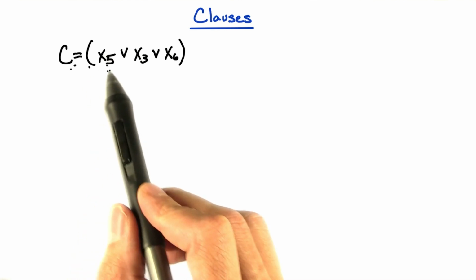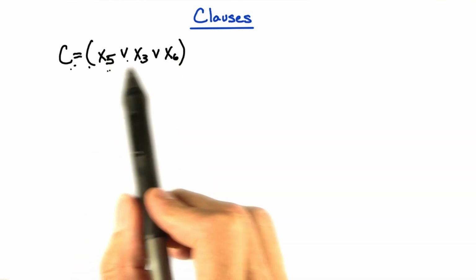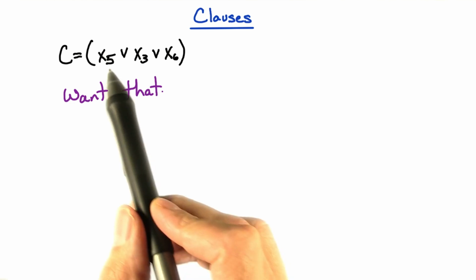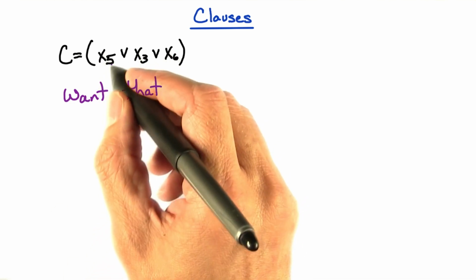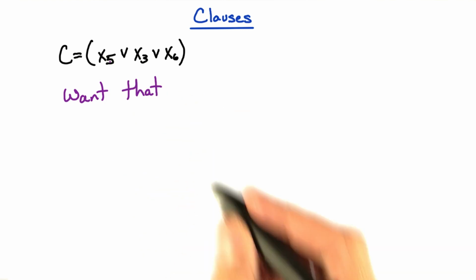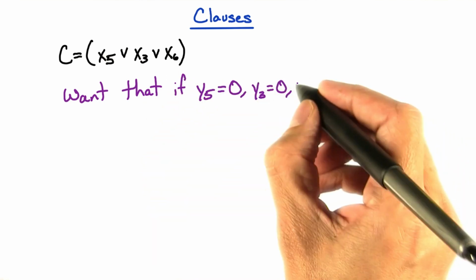Let's take an example clause to get some idea of what we want to achieve. Consider this clause, x5 or x3 or x6. We made all the literals positive in order to make it a simple example. Now what do we want from our constraint? Well, we want that if these variables are set to false, now setting x5 to false is going to correspond to setting y5 to 0, and y3 to 0, and finally y6 to 0.